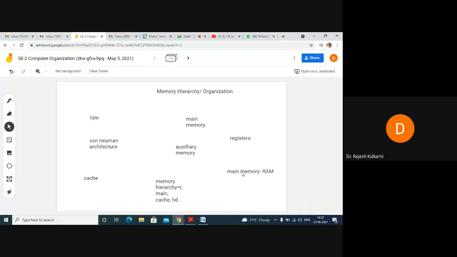But what are the characteristics of RAM memory? The characteristics of RAM memory is that it is very costly. It is volatile memory.